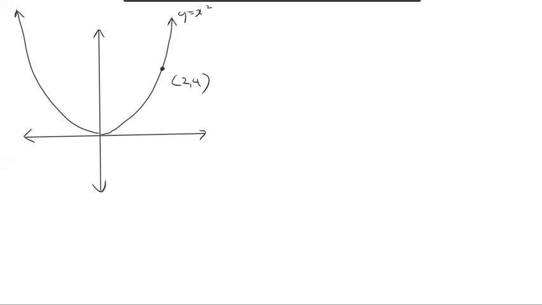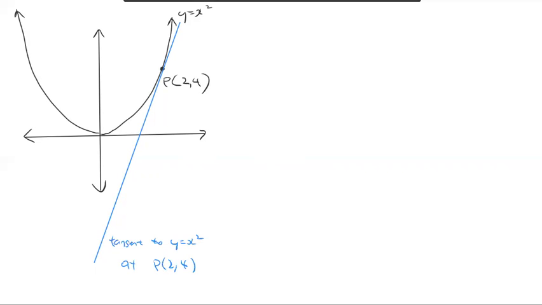And since it's got that point, we know that it will also have some sort of gradient. It will have some sort of tangent like this. So this would be the tangent to y equals x squared at P(2, 4). So I'm going to label that point P.